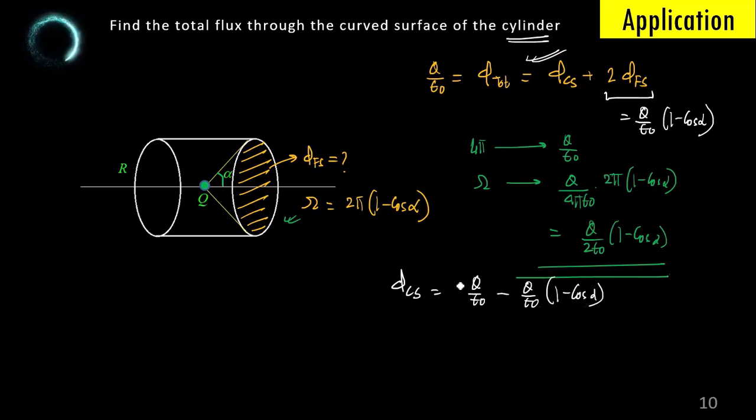So ultimately, q by epsilon naught will cancel out, and it is equal to q by epsilon naught into cos alpha. That will be your answer. So it is a simple application of the solid angle to calculate the flux through the curved surface of this cylinder.